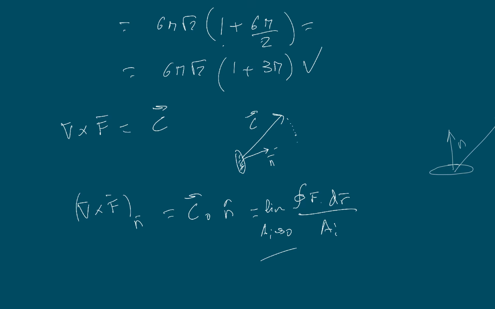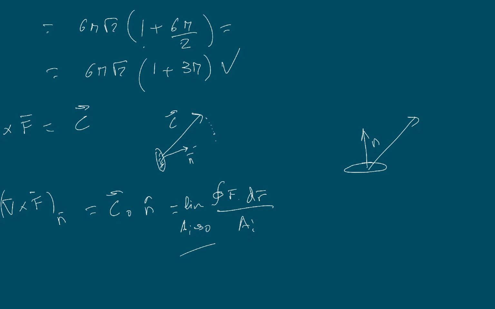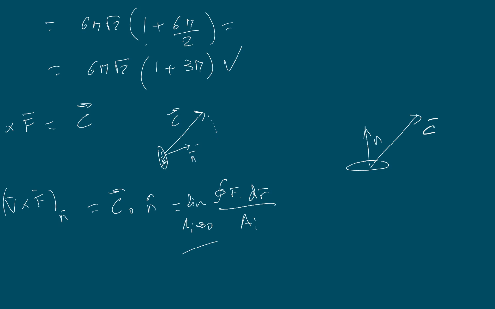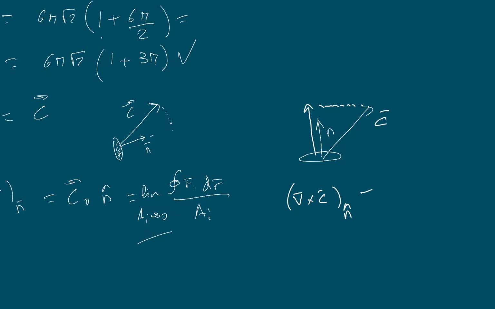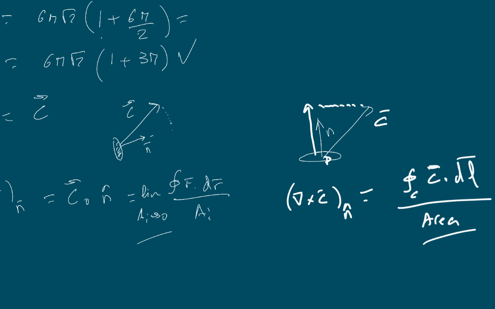So now the components of the curl will be these components. So you will say that the curl of C in this direction n will be equivalent to finding the line integral over the curve C of C scalar dr per unit of area. Wow! This is the idea.